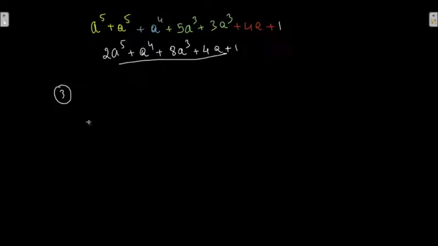So here what we are going to take is an example of say x plus x square multiplied by x minus 1 multiplied with 1 plus x square. Let's try and see.